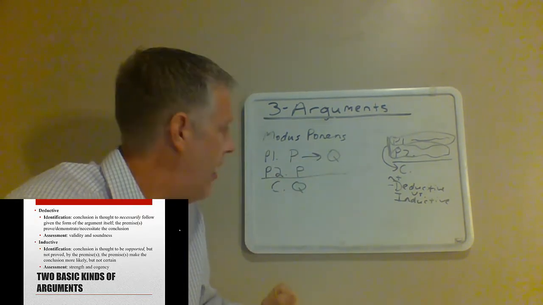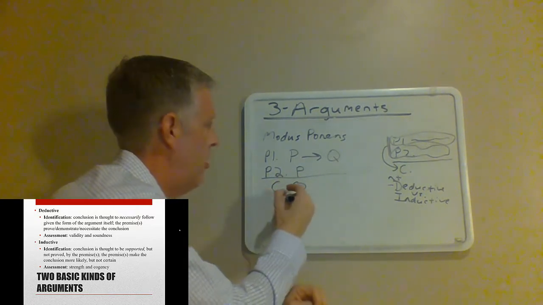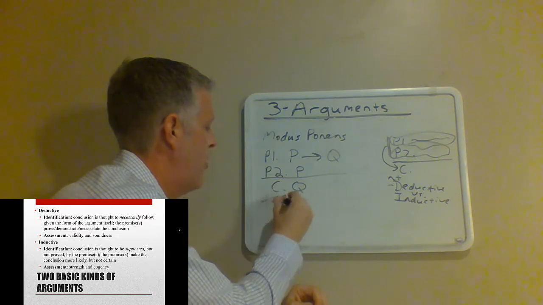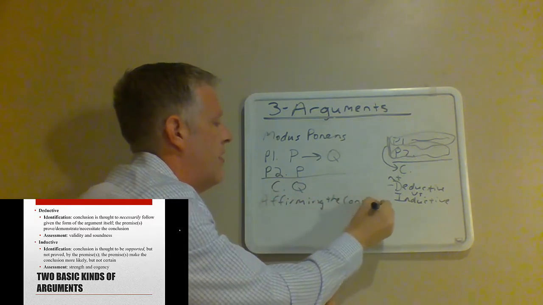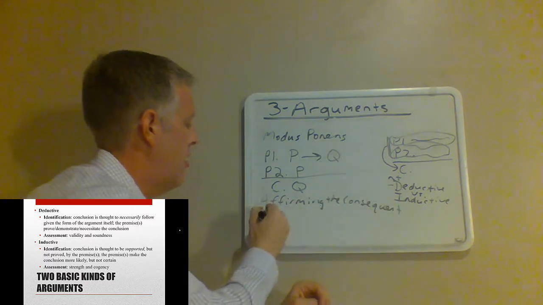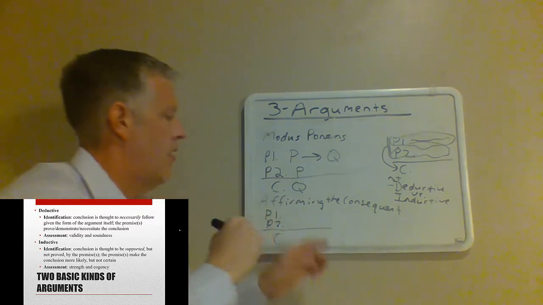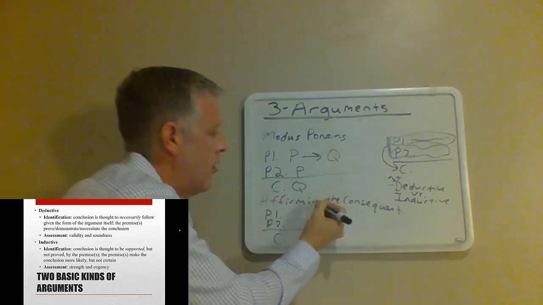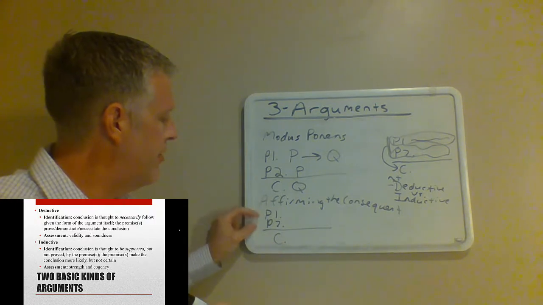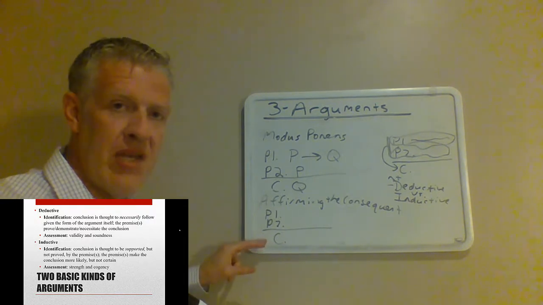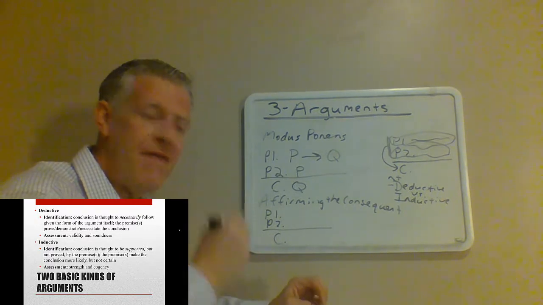Now, I'll go ahead and throw this up. Affirming the consequent. Now, this gets interesting because the person offering this thinks, so we will still label this as a deductive argument because the person thinks that the reasons they're giving entail or necessitate us believing the conclusion, but there's actually a fallacy involved here.